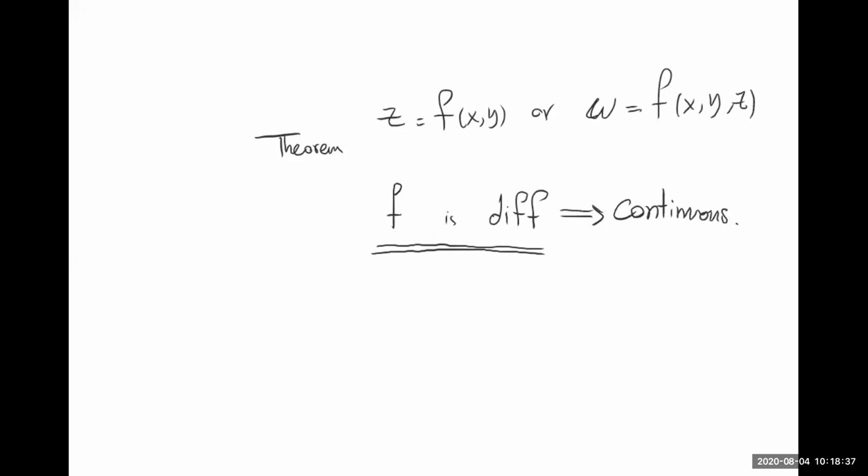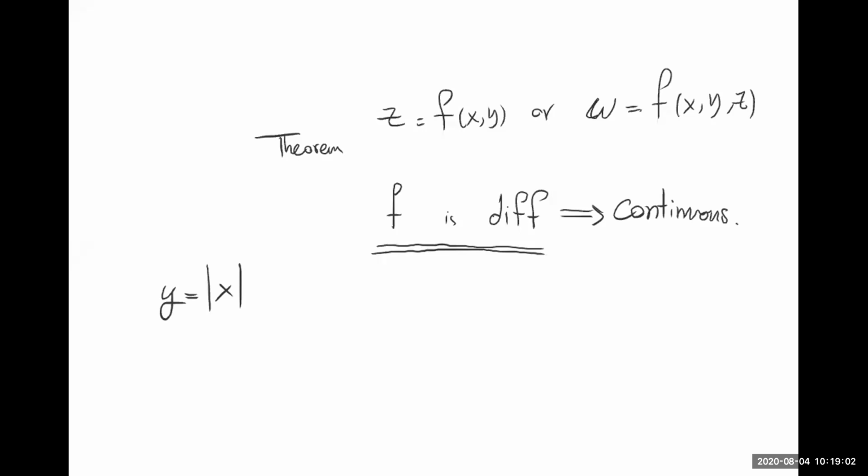Does anyone know any example of a function which is not differentiable? Do you know any example of a function which doesn't have a derivative at a point? Okay, I would write an example. For single variable functions, look at the absolute value of x.